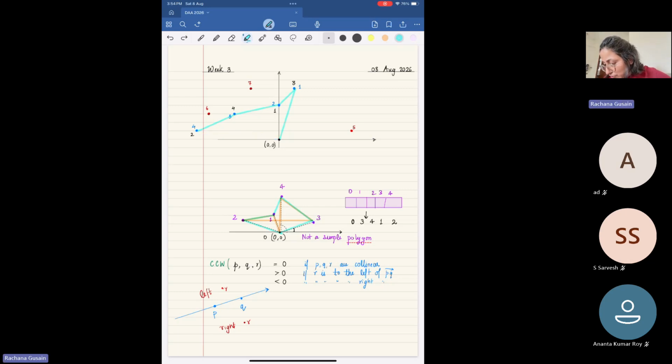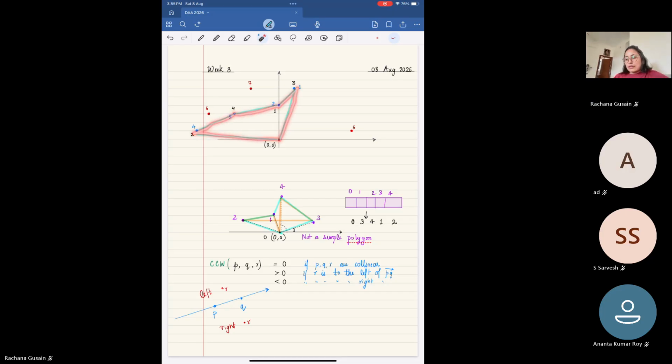It's difficult to draw, please excuse me for this. It's not starting at the point 4, but yeah, this is the polygon we'll get.